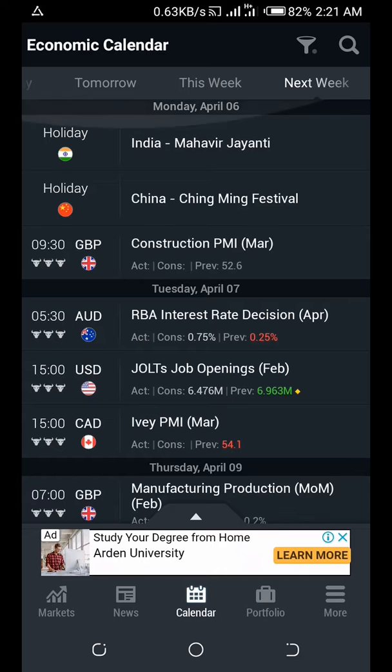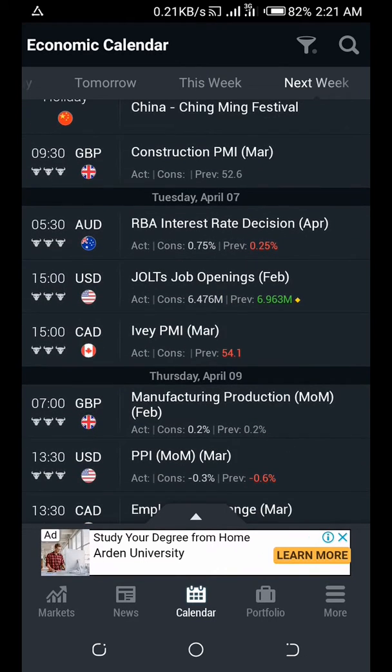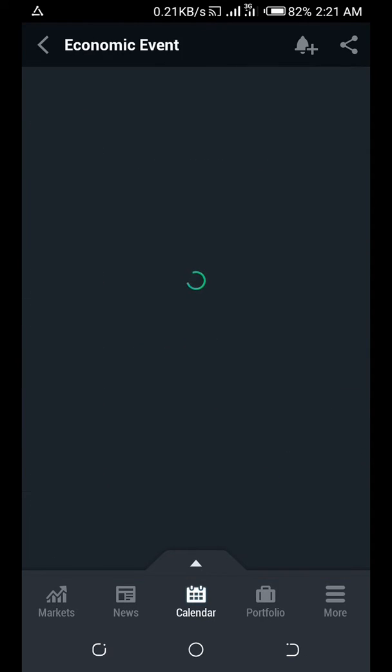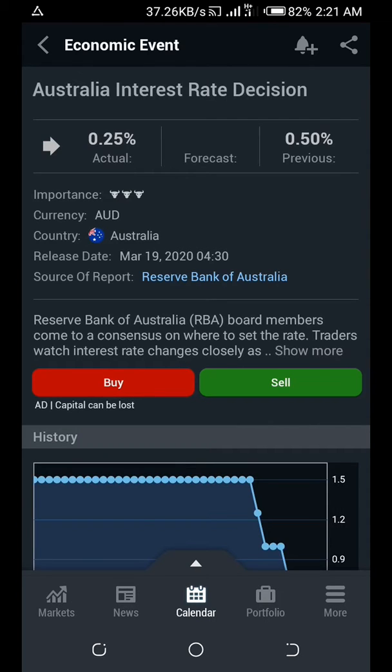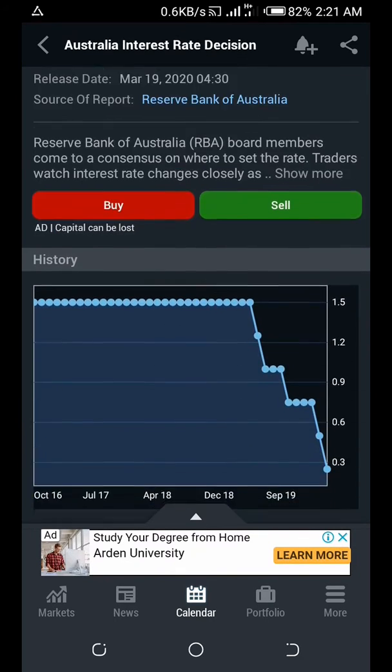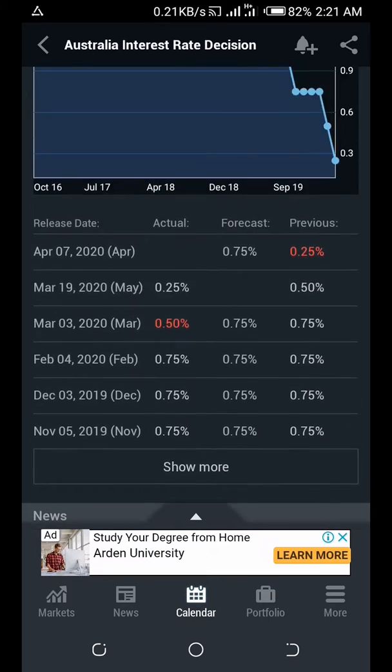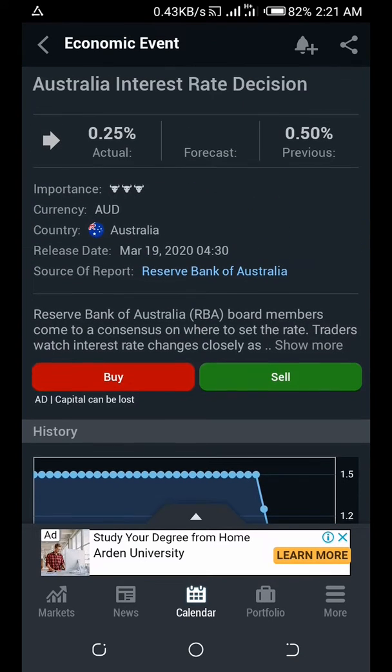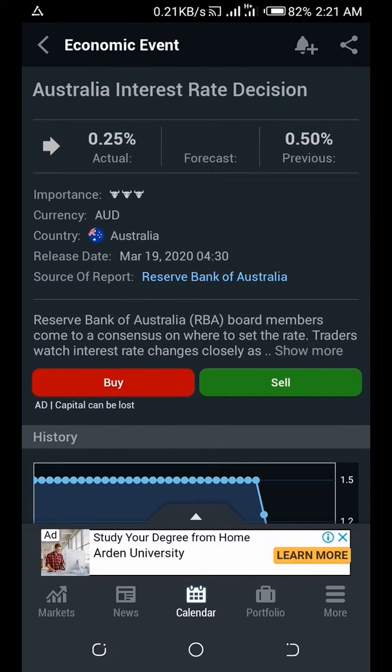Fundamentals will affect your technical trading. So here, we have this particular event on March 19, 2020, Australia. These are the previous events of the same currency.